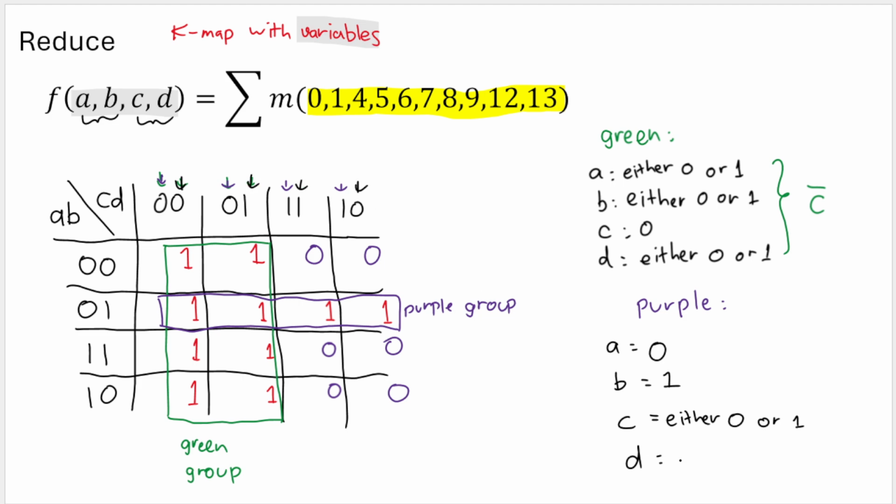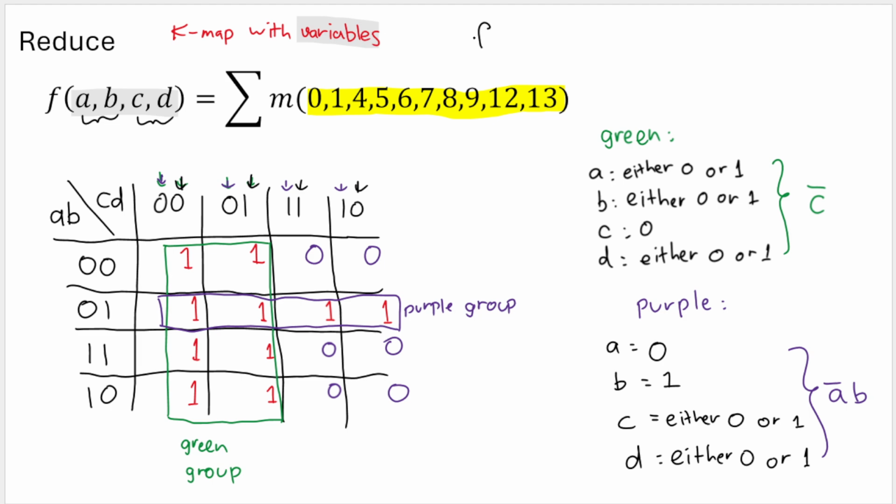So D is either 0 or 1. So we only need A and B, right? So we will have A and B. So we write it AB. A is 0, so we negate the A like that.